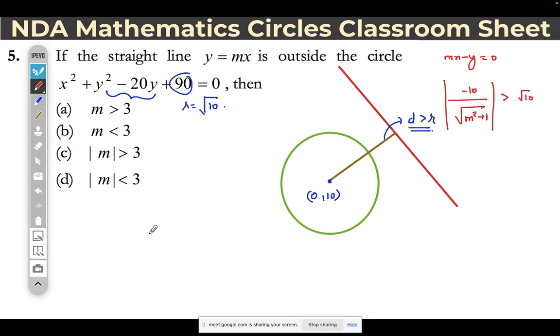Squaring both sides, 100 is greater than m square plus 1 into 10. So you know m square should be less than 9. m should be between negative 3 and positive 3. Clear? Sure?